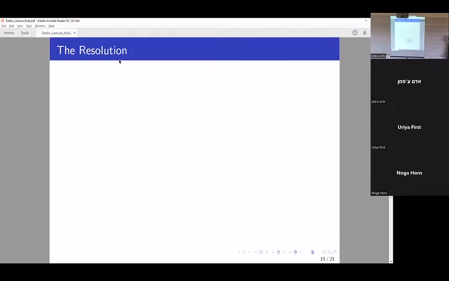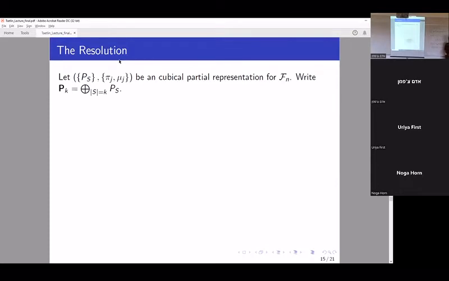Okay, now we can construct the resolution for this absolute kernel. And the resolution looks as follows. Suppose we have such a cubical partial representation for a frame, and we take exactly the direct sum of all of PS, and just multilinear polynomials in k variables, whichever k variables you want.